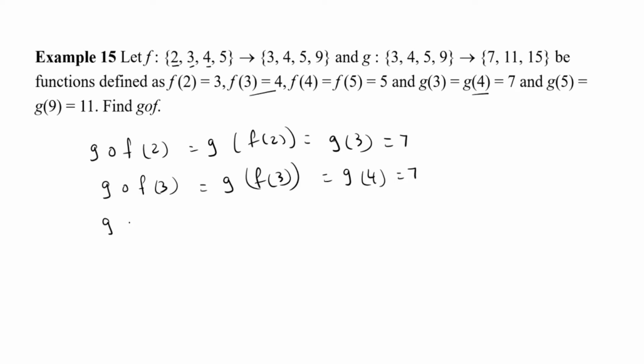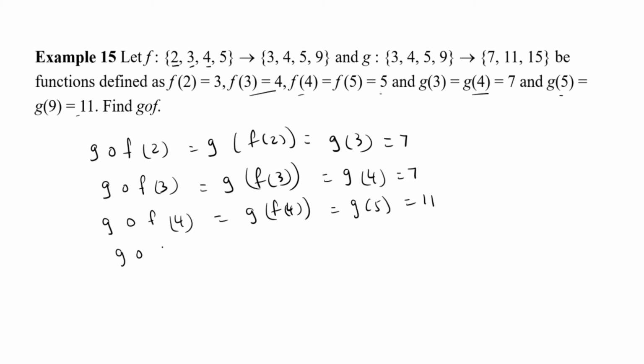Next element is 4. So g of f of 4 is equal to g of f of 4, which is equal to 5. So g of 5 is equal to 11. Here it is given g of 5 equal to g of 9 equal to 11.